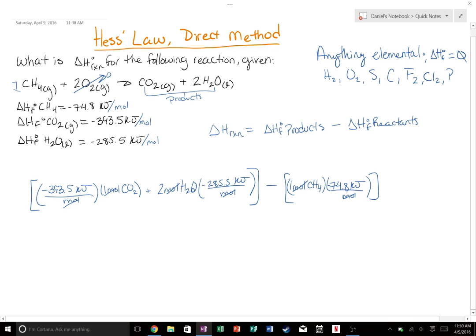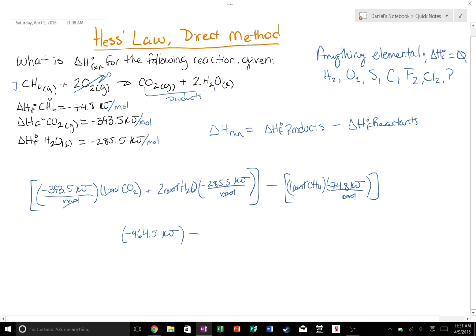So negative 393.5 times 1 equals negative 393.5, right? Okay. And we're going to be adding that to 2 times negative 285.5, and I get from that negative 964.5 kilojoules, right?